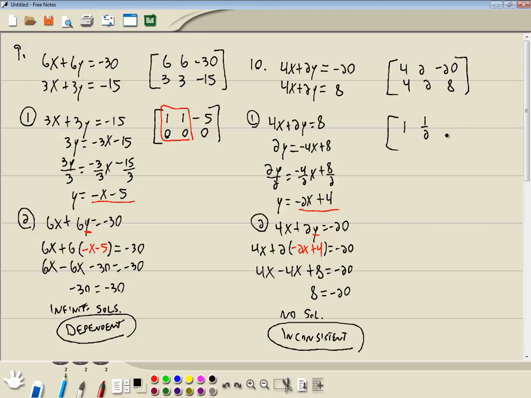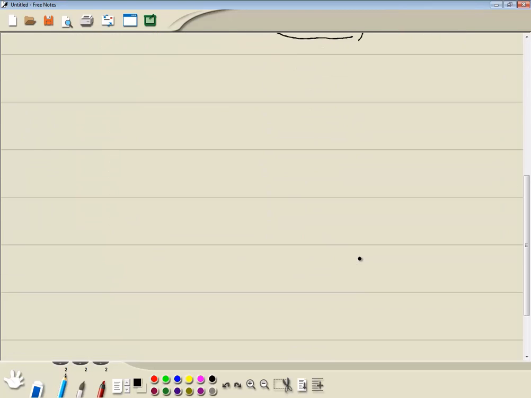So we got 1, 1/2, 0, 0, 0, 1. Two equations, two variables. Our first 2 by 2 should be a diagonal of 1, 0, 0, 1. It isn't. It means it didn't work. And specifically, this oddball case is where you got all zeros and a single 1 on your last row. That means no solution, which also means inconsistent. Okay. Problem number 11.